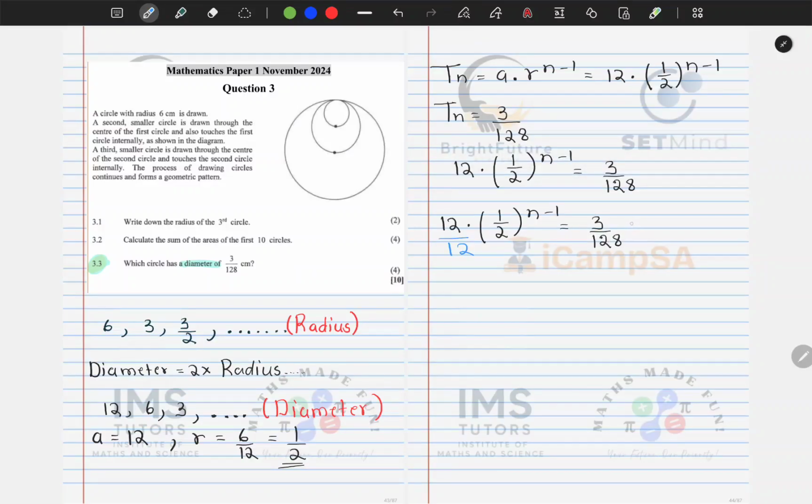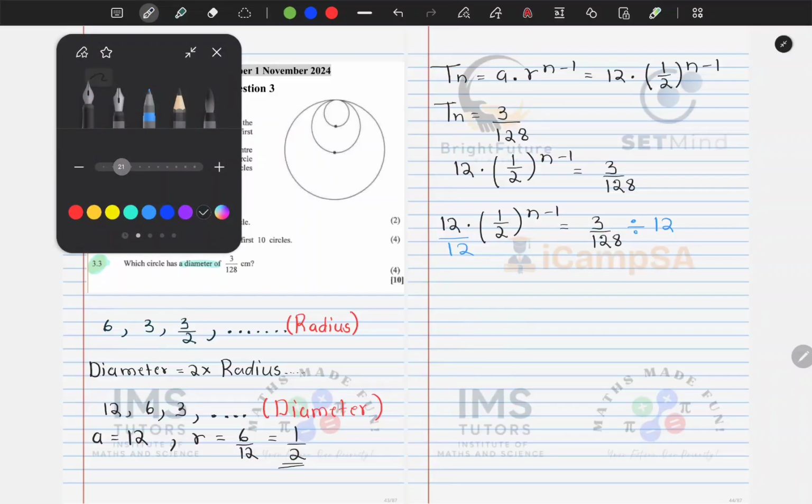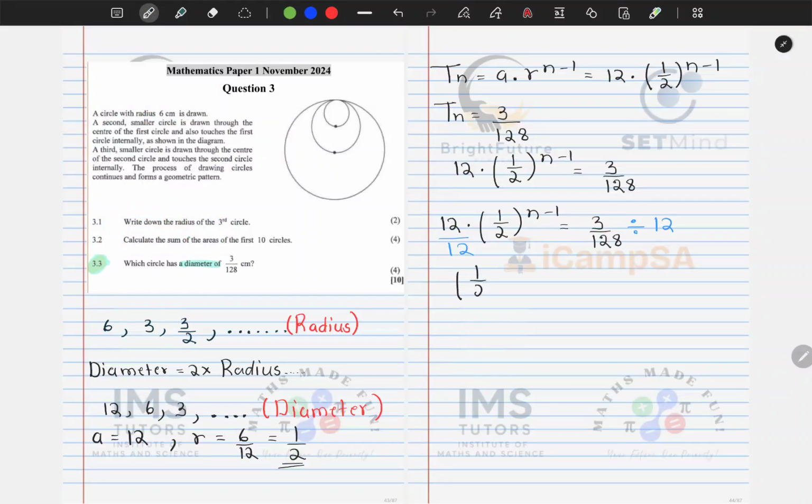So we are going to divide by 12, such that all we have now is just 1 over 2 to the power of n minus 1 equals... So the answer which you end up getting is 1 over 512.